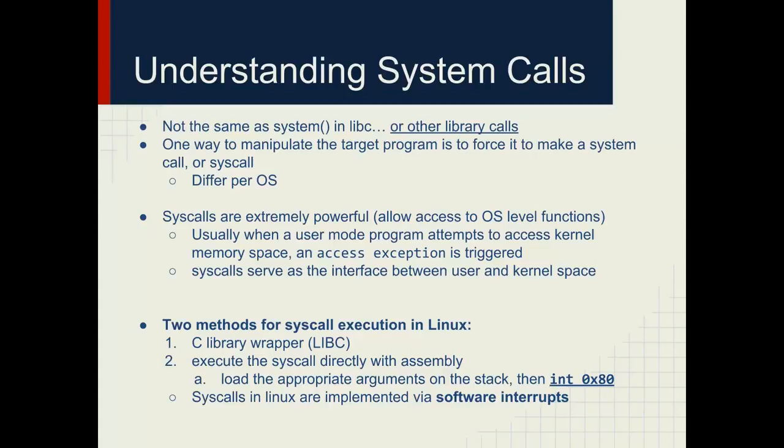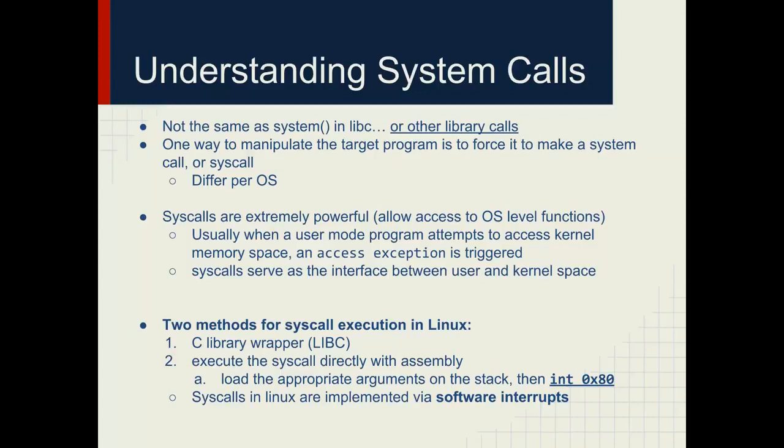So in order to understand how to write shellcode, we're going to have to understand system calls. This is not the same as the previous example that I started with, the system function provided by libc, or any other library calls. System calls are provided as an interface to the operating system. You should remember that.